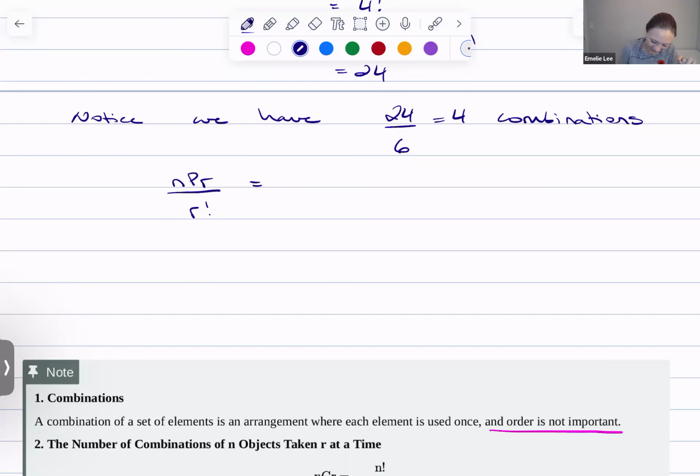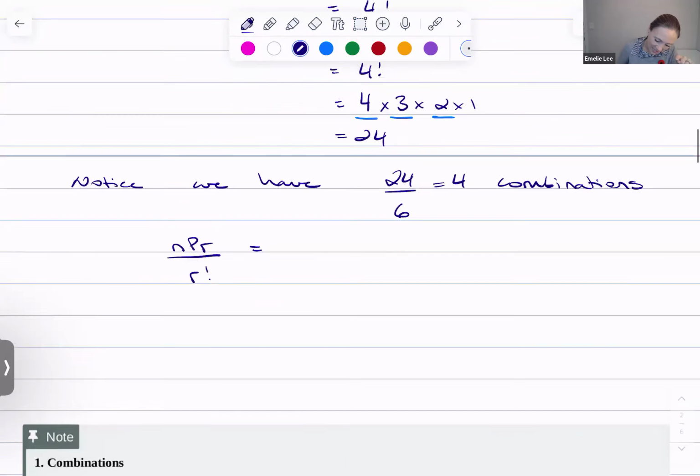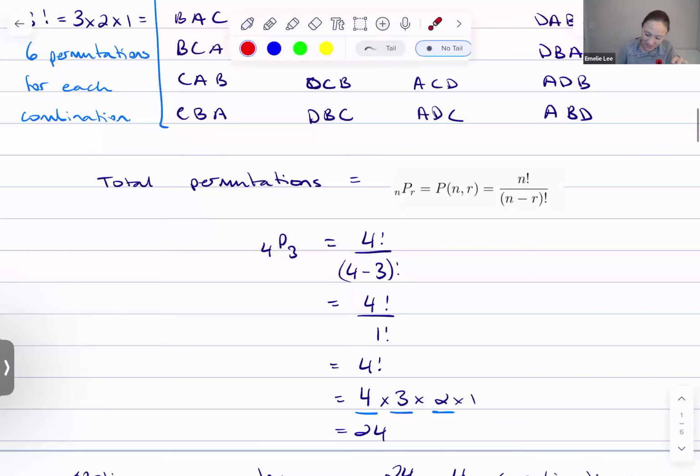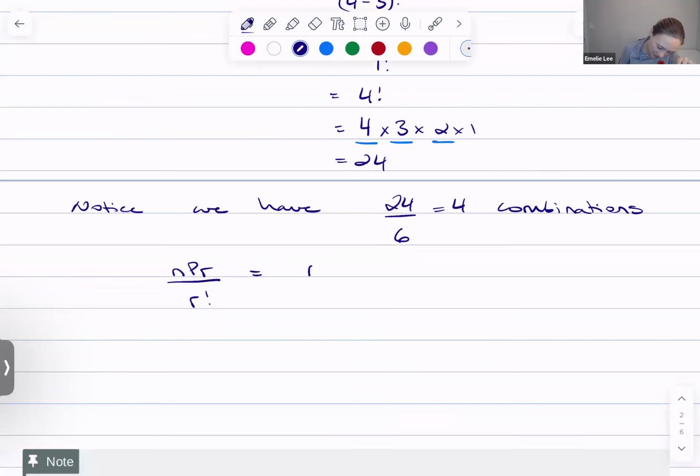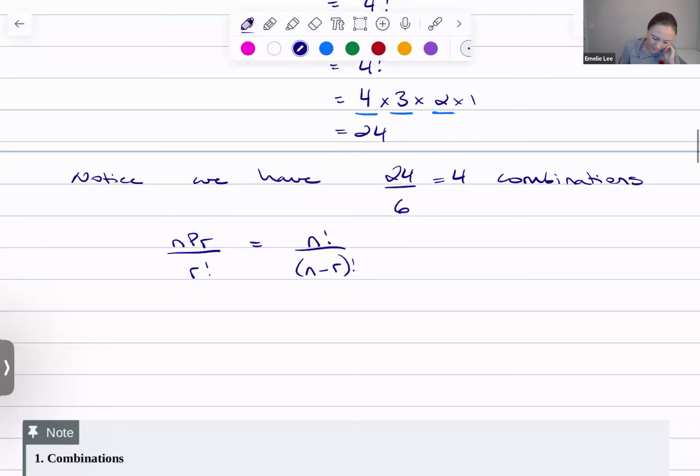nPr from our formula sheet is n factorial over n minus r factorial. So I have n factorial divided by n minus r factorial, then I want to divide that by r factorial. Now, technically, I can create a fraction over a fraction, and here r factorial is r factorial over 1.